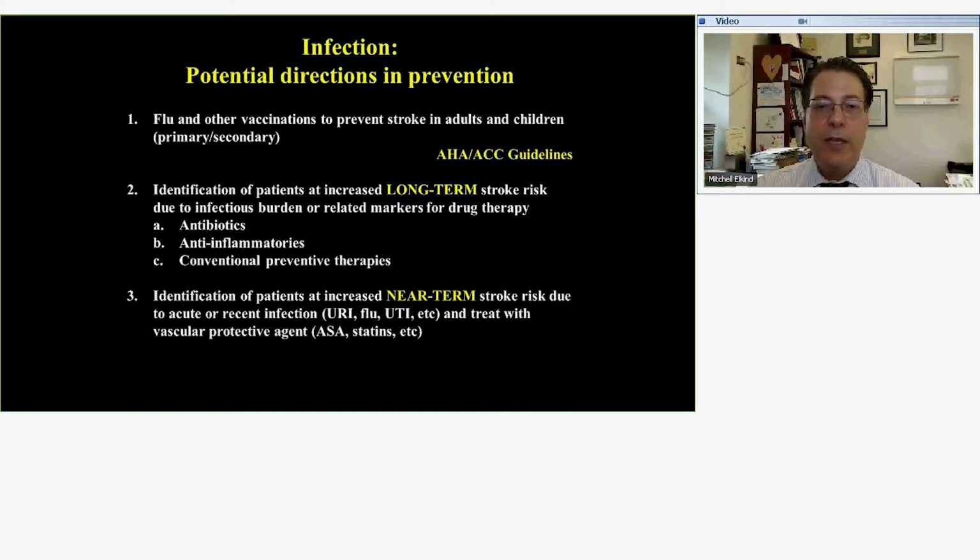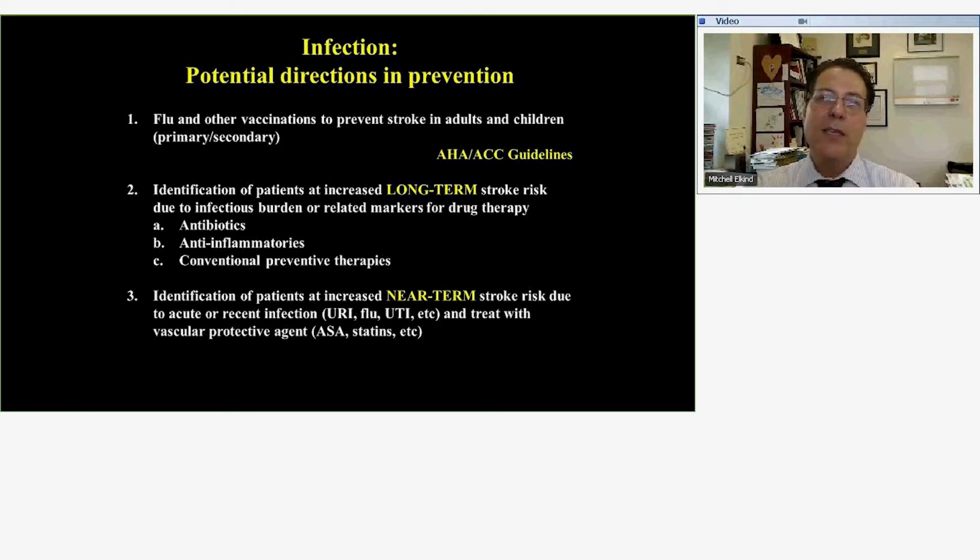Secondly, potentially we could identify people who are at increased long-term risk due to measures like infectious burden, maybe MIRA, procalcitonin, or related markers, and then put them on drug therapy. It might be antibiotics for the infections, it might be anti-inflammatories for this notion of chronic inflammation, or it could be statins and blood sugar control and conventional approaches to reducing risk.